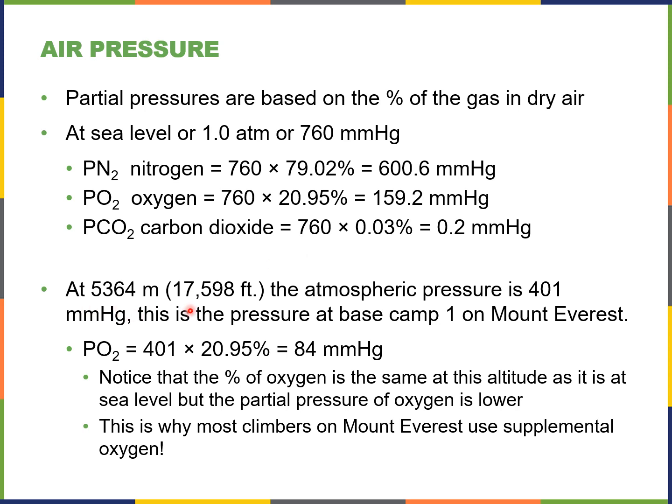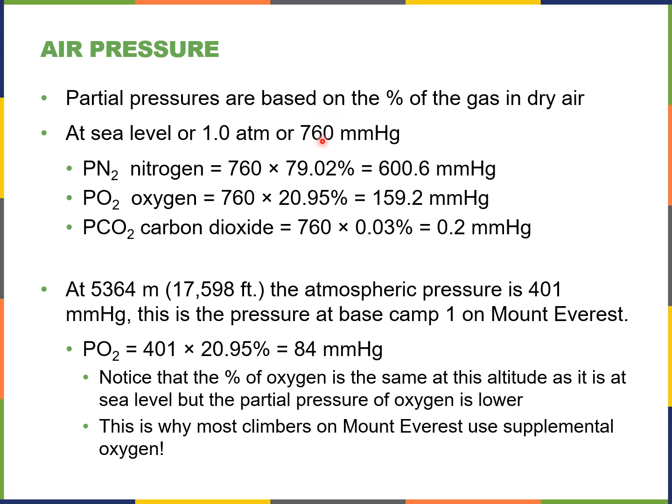If we were to increase in elevation, let's say that we go up a volcano or we go up Mauna Kea, then our atmospheric pressure is actually decreasing. We have less atmosphere on top of us, right? Or let's say we go up to Mount Everest, we're at base camp 1. Our atmospheric pressure is actually 401 compared to 760.